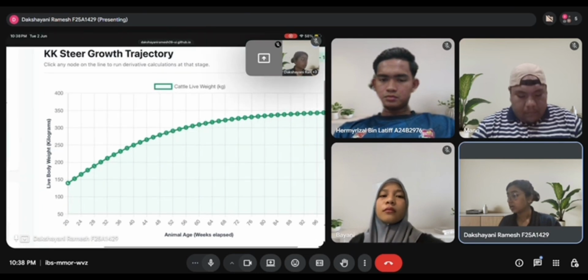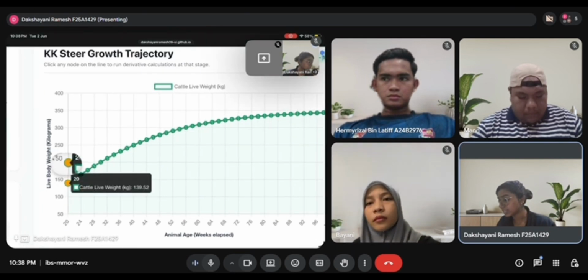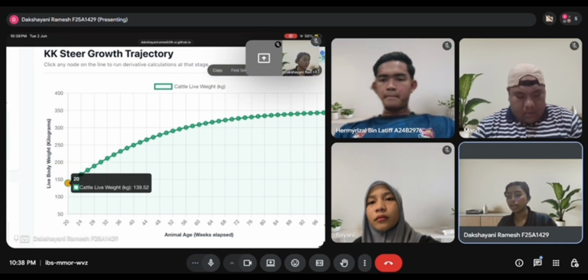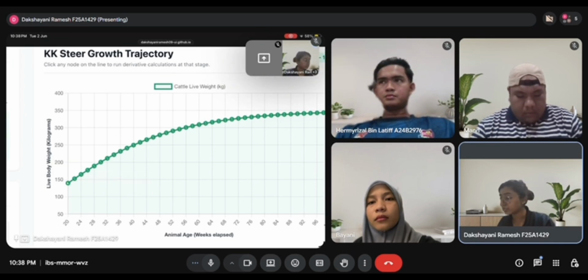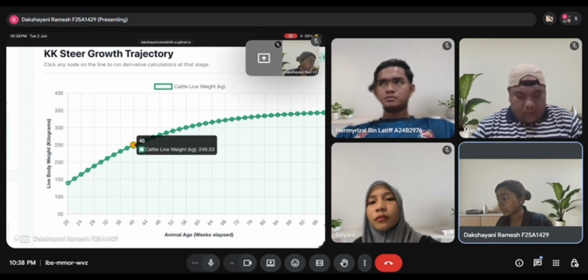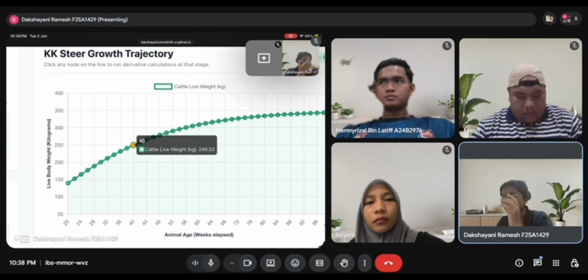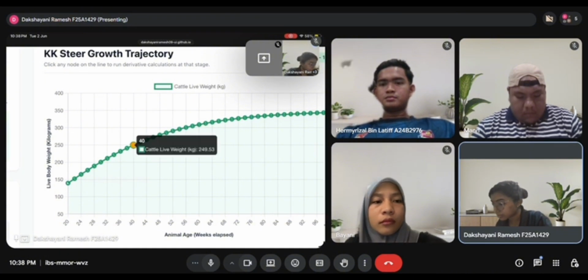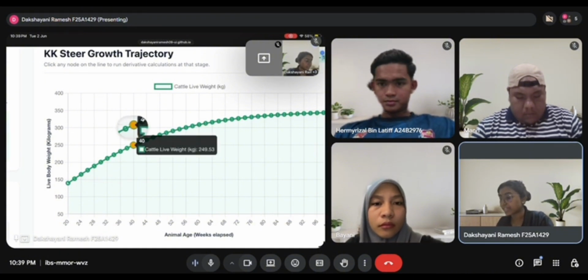Around here, which is week 20, the cattle live weight is 139.52. Moving on to week 40, the cattle weight is 249.53.